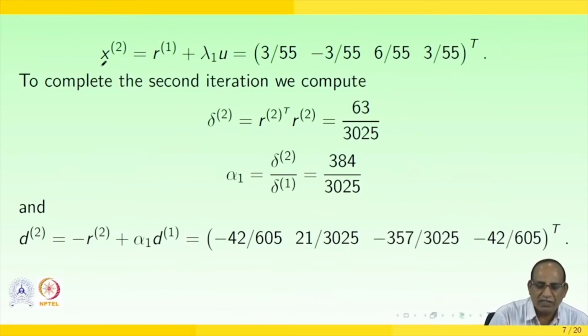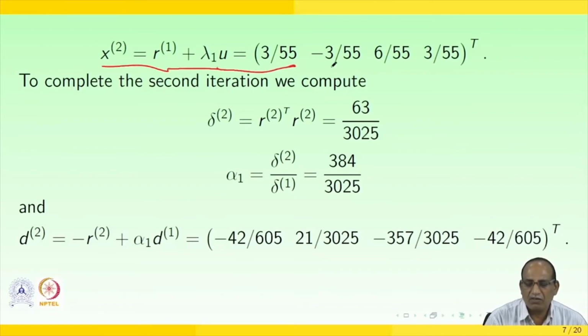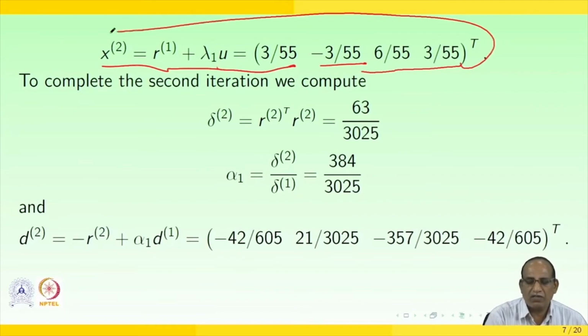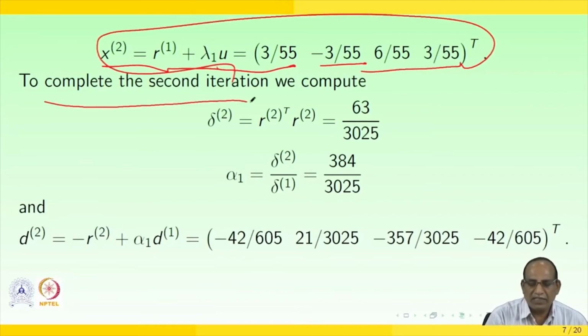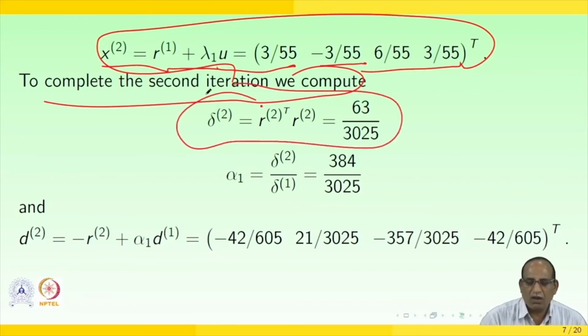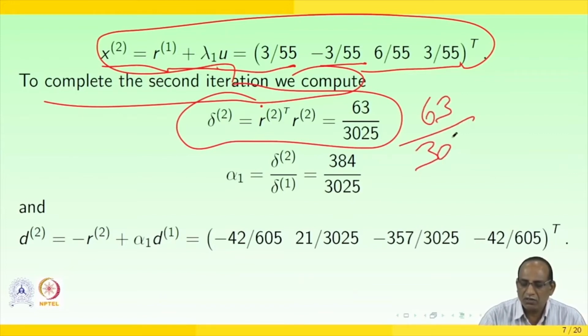And x of 2 is equal to x of 1 plus lambda 1 times D of 1, that is 3 by 55, minus 3 by 55, 6 by 55, 3 by 55 transpose. To complete the second iteration, we compute delta 2 is equal to R2 transpose R2, which is equal to 63 upon 3025.